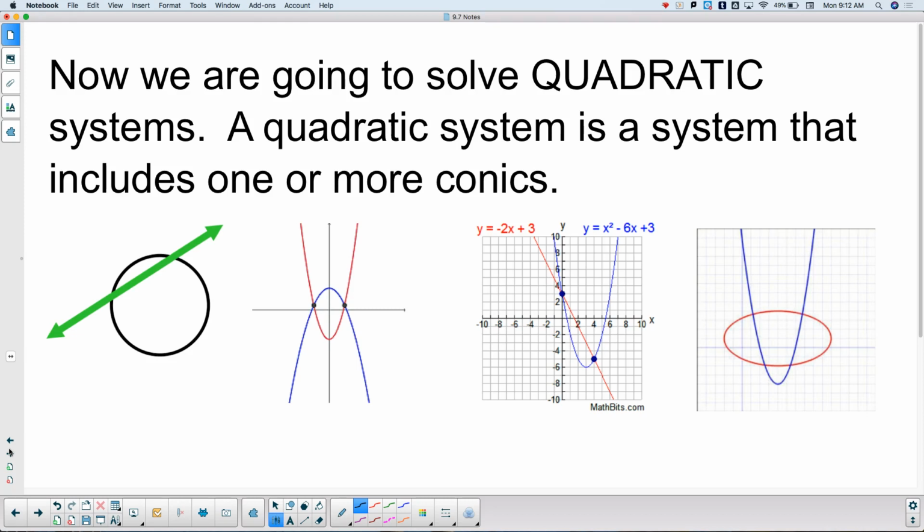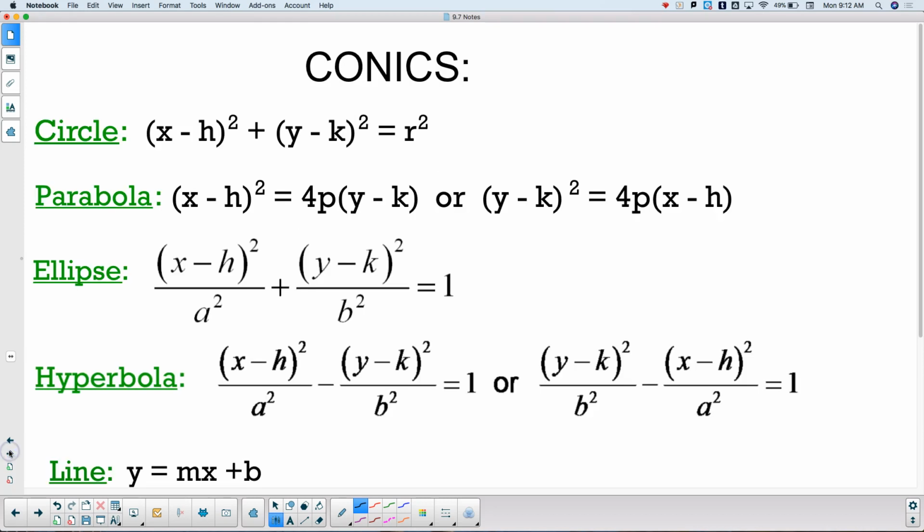So again, it's going to help us to know what the conics are. You have these written down many, many places and many, many times. You know that a circle is (x minus h) squared plus (y minus k) squared equals r squared. You know that a parabola comes in one of two forms: either (x minus h) squared equals plus or minus 4p times (y minus k), or (y minus k) squared equals plus or minus 4p times (x minus h).